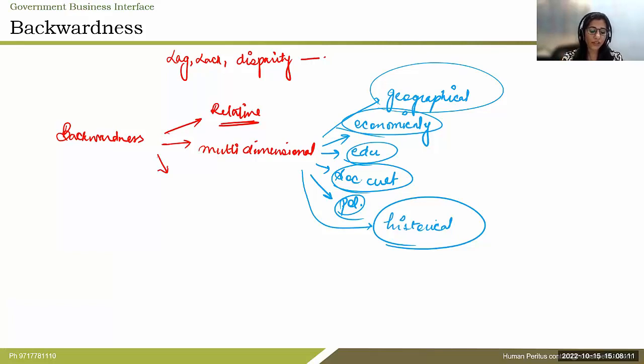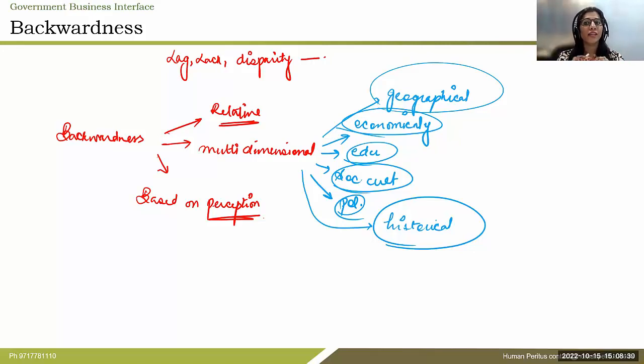One more thing with respect to the concept of backwardness is that it can be based on perception. Now how? Perception is what you think in your mind. For example, after a period of 10 years, a hospital has been established in a village.